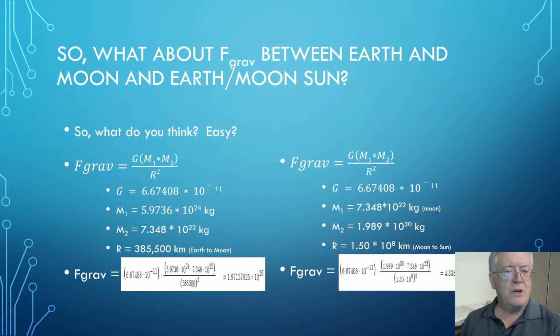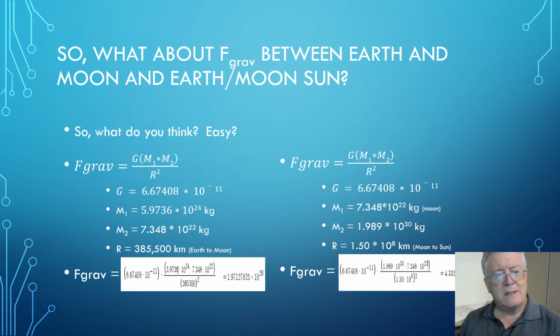Here are our values for the Earth to the Moon. Of course, Big G is 6.67 times 10 to the minus 11. The mass of the Earth is 5.9736 times 10 to the 24th kilograms.